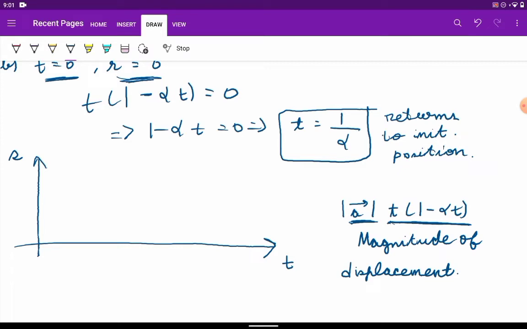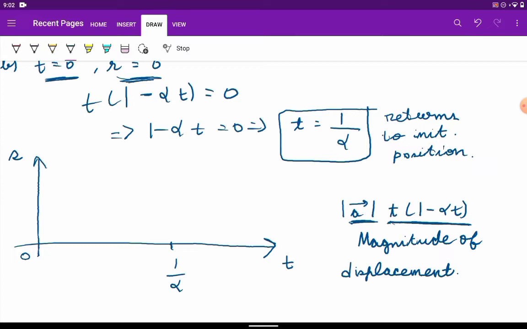So t equal to 0 and t equal to 1 by alpha. Basically, it comes back, it is at the origin. And so if you see t into 1 minus alpha t, at any given point between 0 and 1 by alpha.